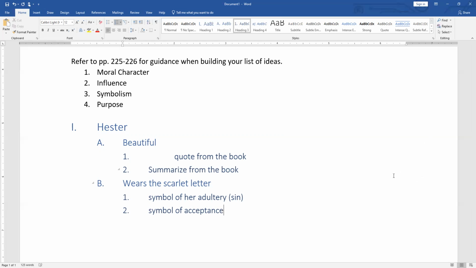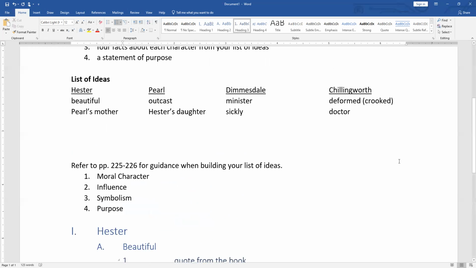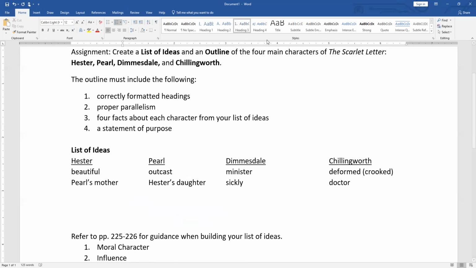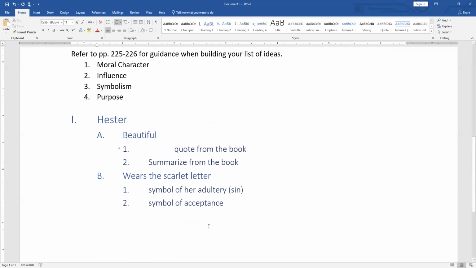So if you look in your book, again, on page 194, it gives you the outline form explained. This is the format. So when I talk about what I'm looking for, correctly formatted headings, that means you use Roman numerals for main ideas, which you can see here.